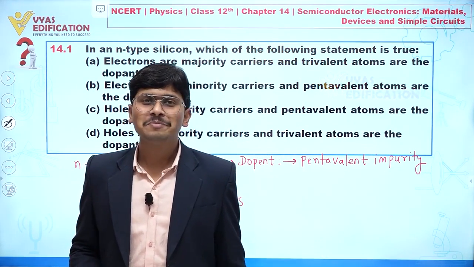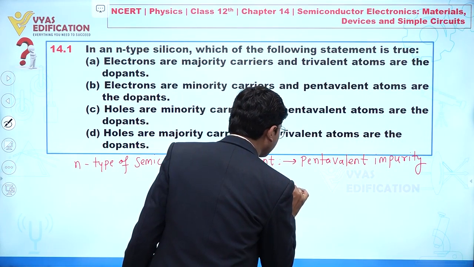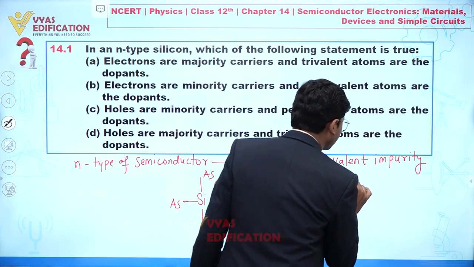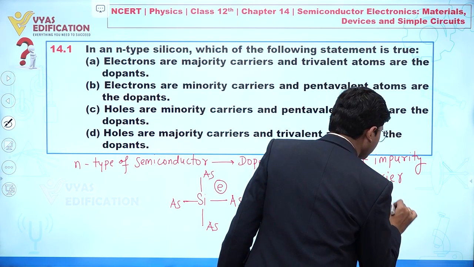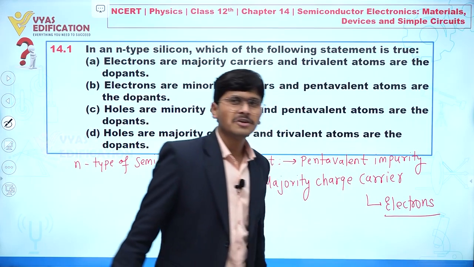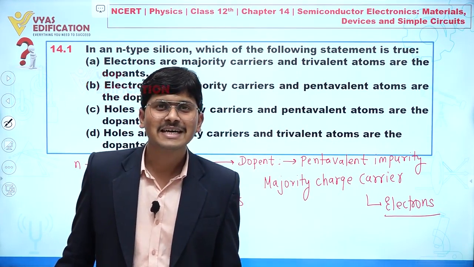Now what are the majority charge carriers? In an N-type of semiconductor you always find the majority charge carriers as electrons. Clear? Whenever we have electrons as majority charge carriers, what are the minority charge carriers?